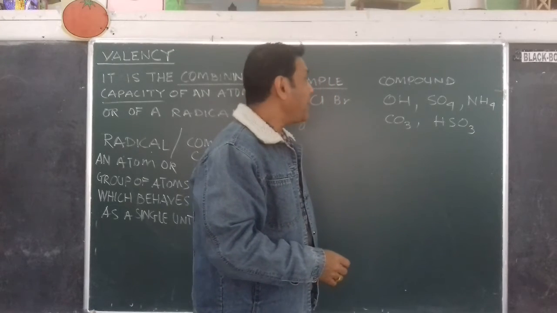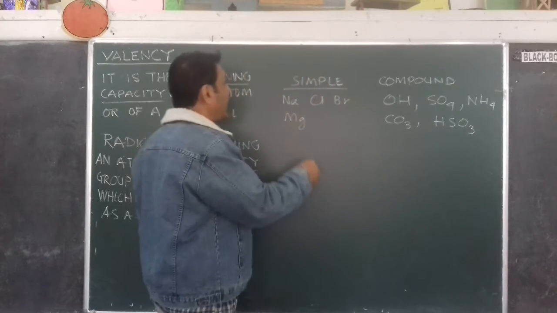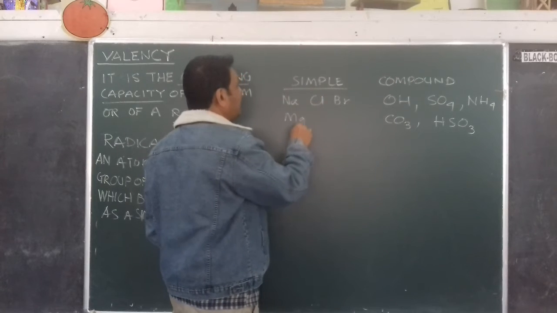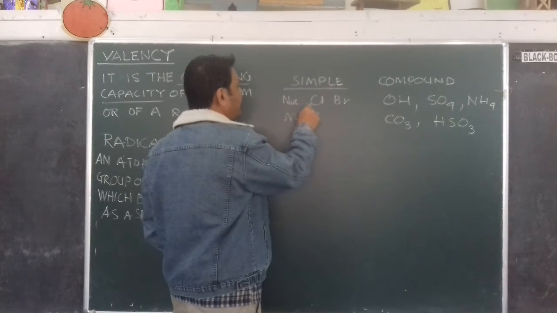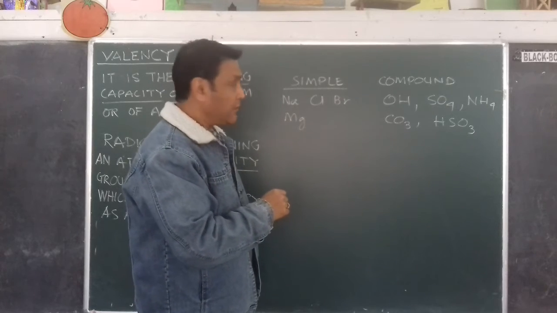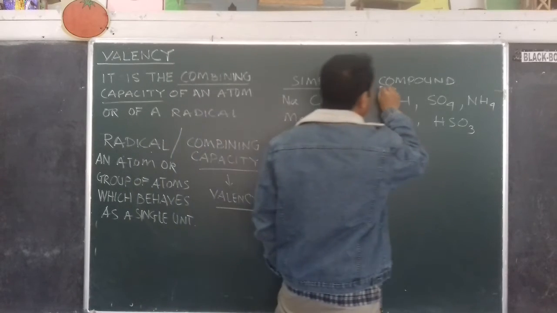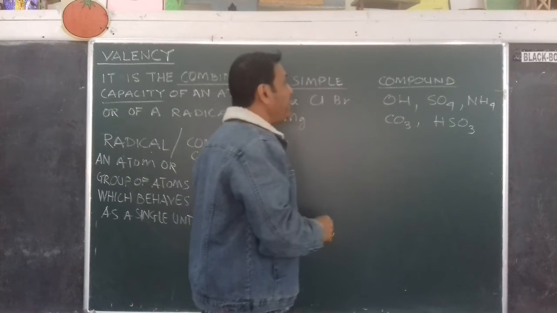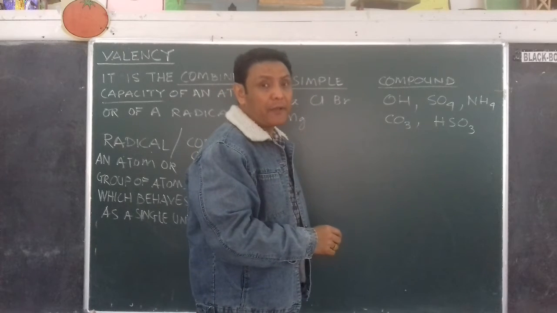These are compound radicals. I'll repeat it once more. Simple radicals are the radicals of different elements, be it metal, non-metal, or metalloids, and compound radicals are those which are made up of two or more elements.